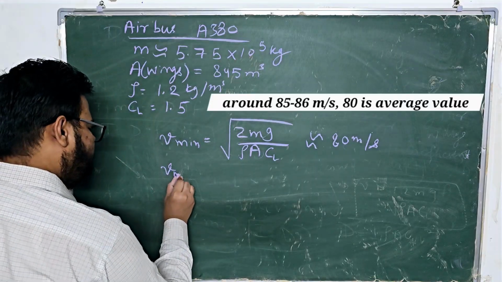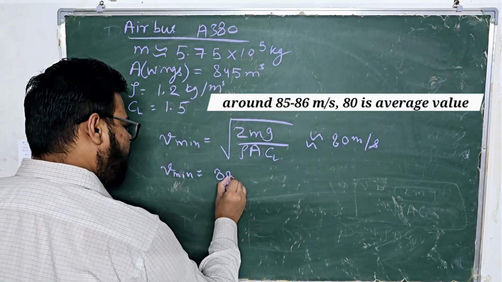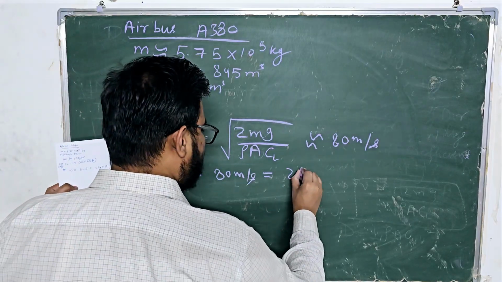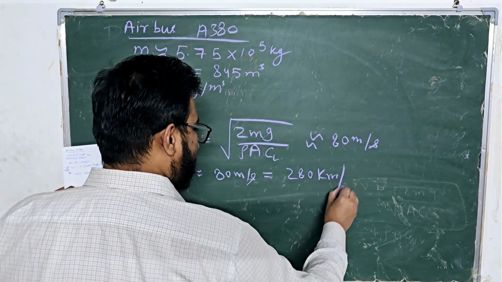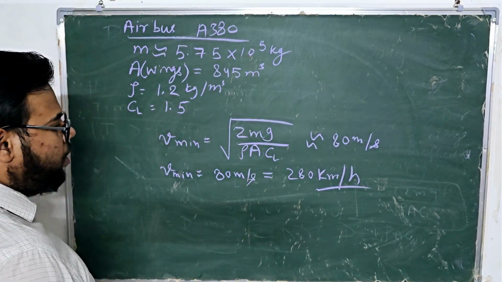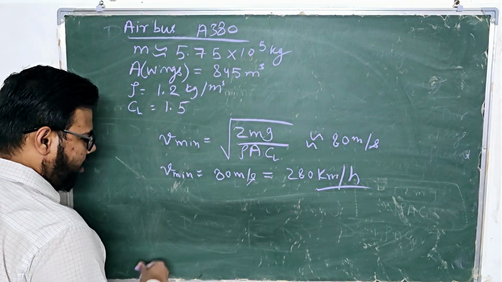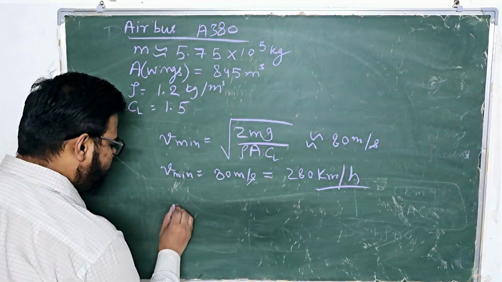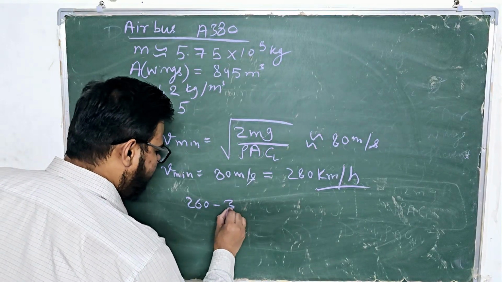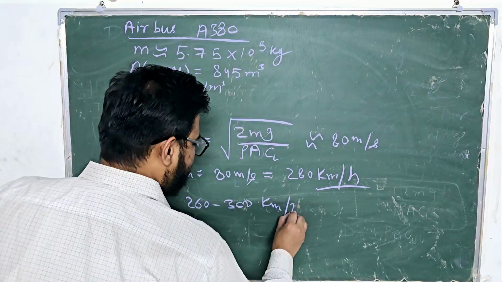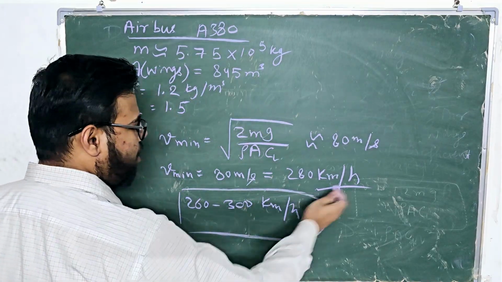So the minimum velocity is 80 meter per second, which is approximately 280 kilometer per hour. And if you know, the practical value is around 260 to 300 kilometer per hour, and that is really very accurate.